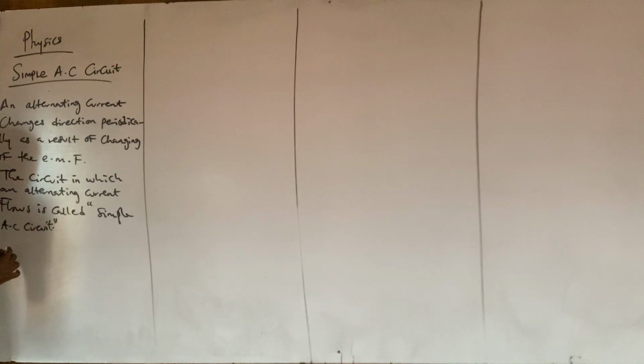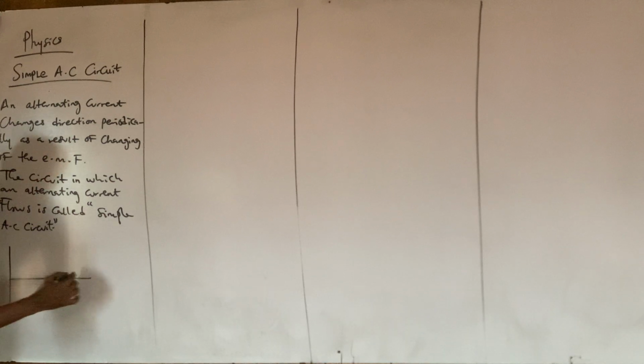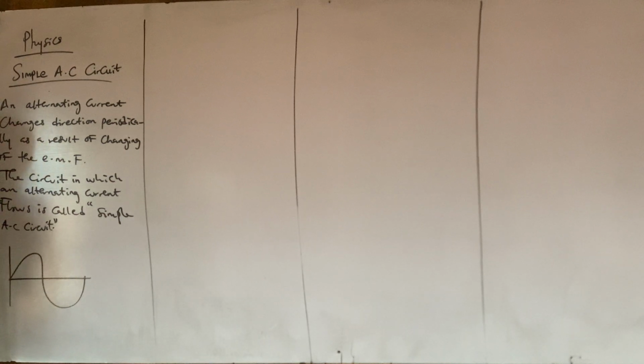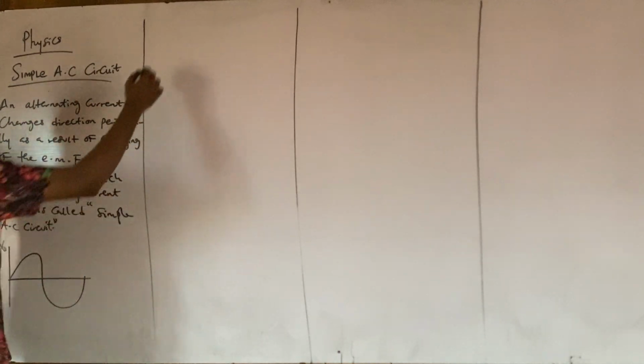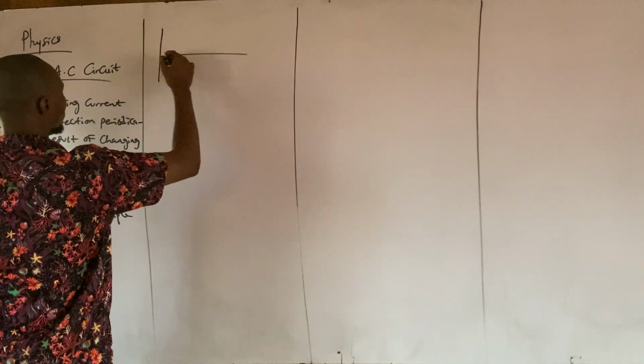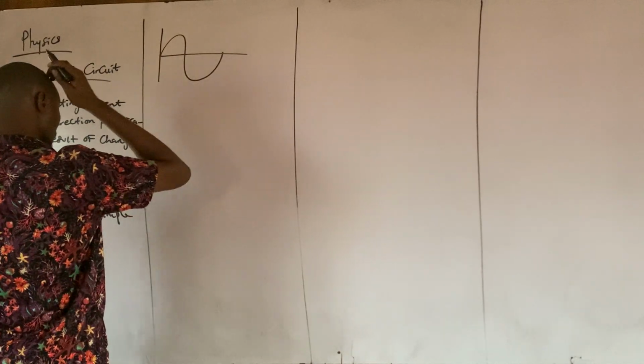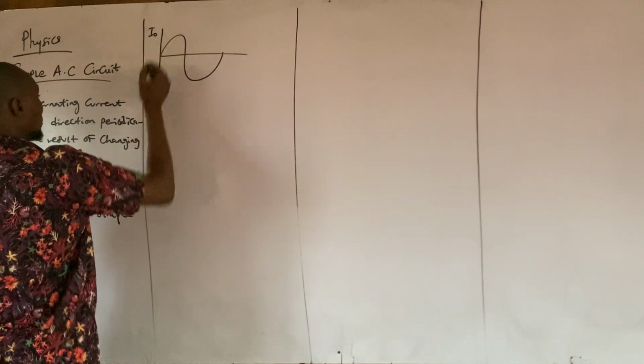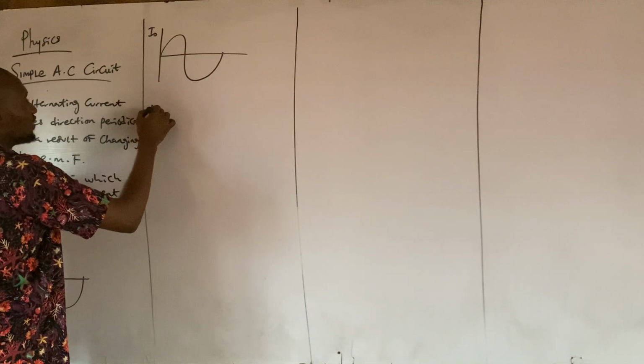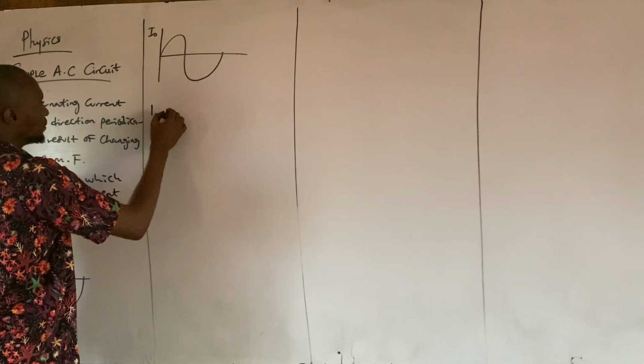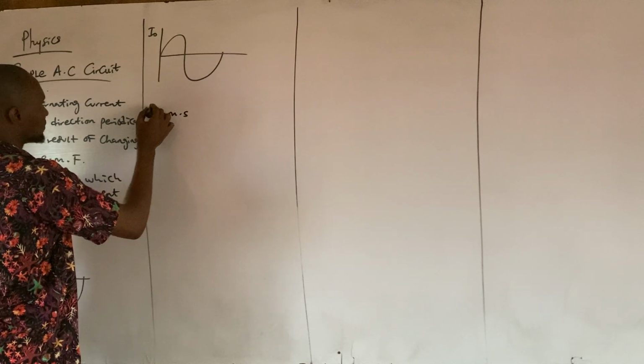Now, looking at this diagram, here is VO. Are you there? And this also uses IO. You need to know that we have what we call IRMS.